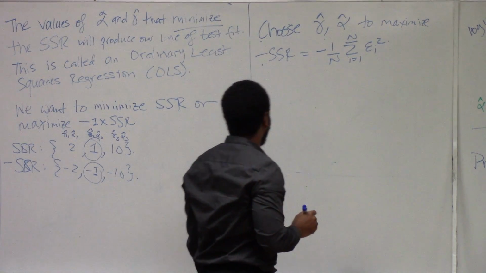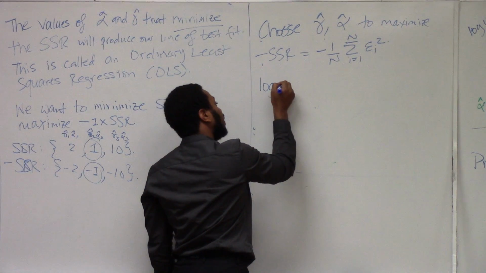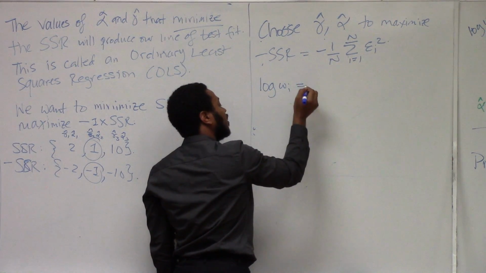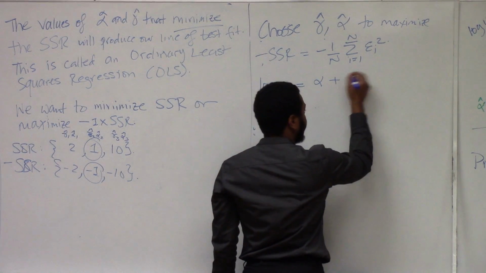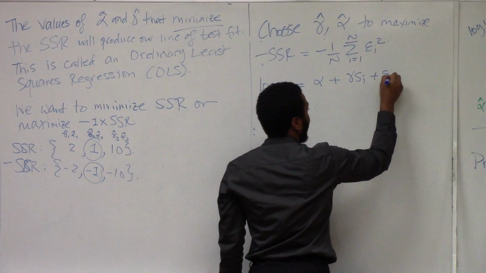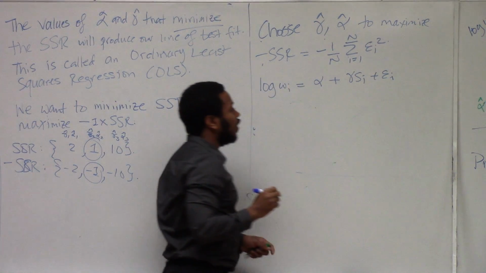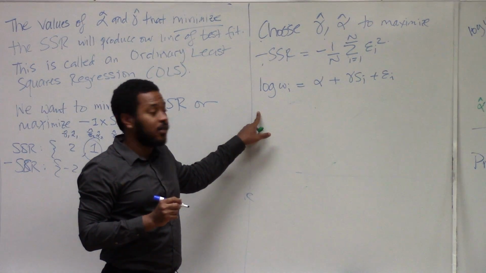Now, remember our econometric model. It said that the log of wages is equal to alpha plus gamma S_i plus epsilon i. Let us rearrange this to find out exactly what epsilon i is.